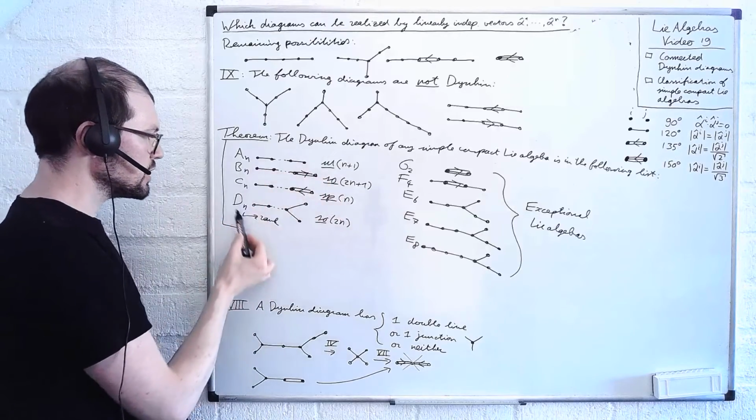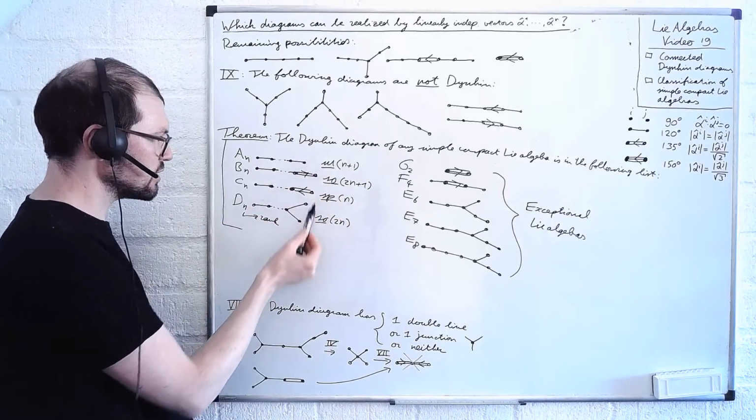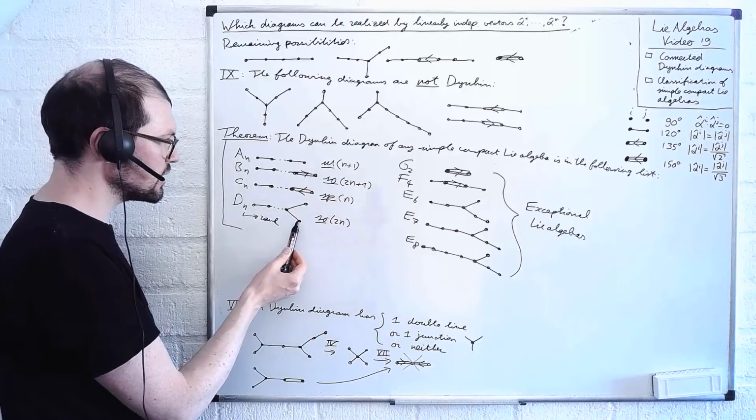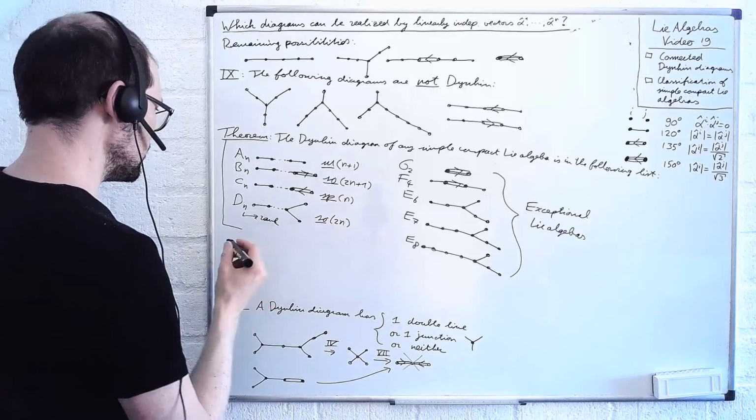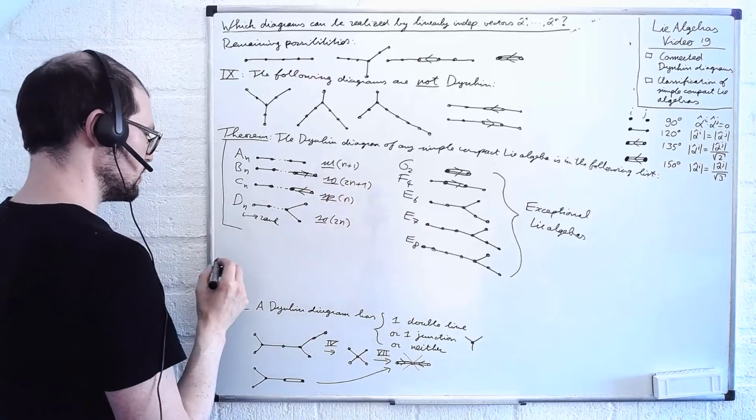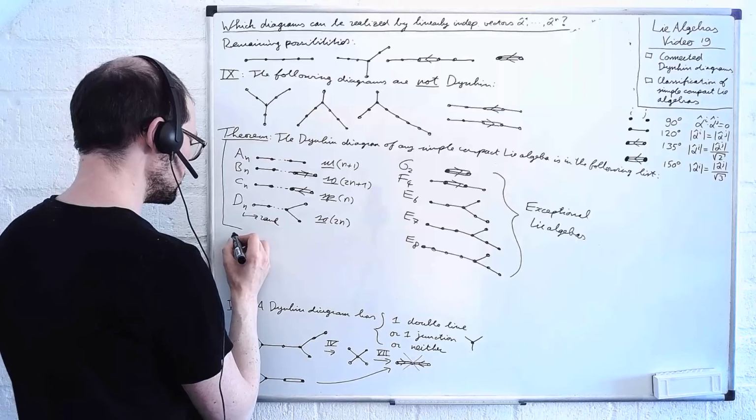Now, if you look at this list for small n, then you'll see that it's not exactly mutually exclusive. And indeed there are overlaps here, and some of them we've already encountered before.